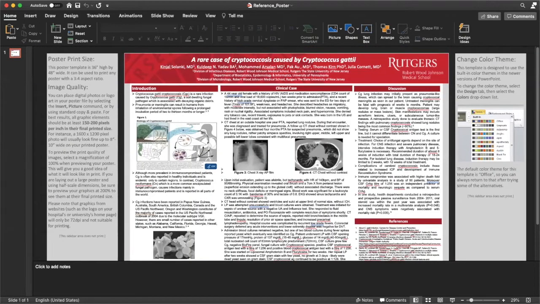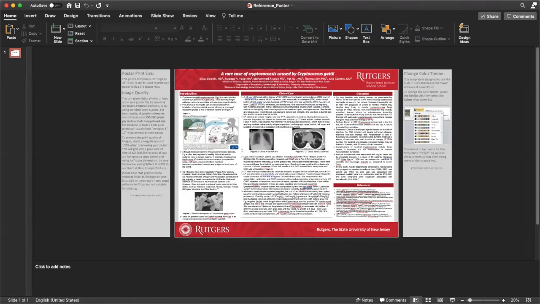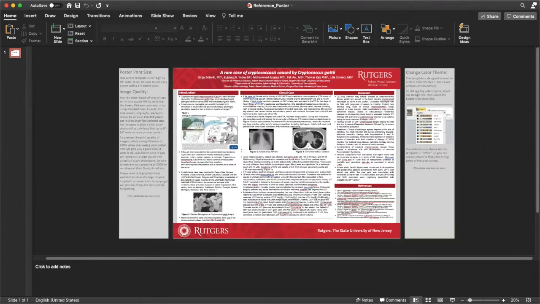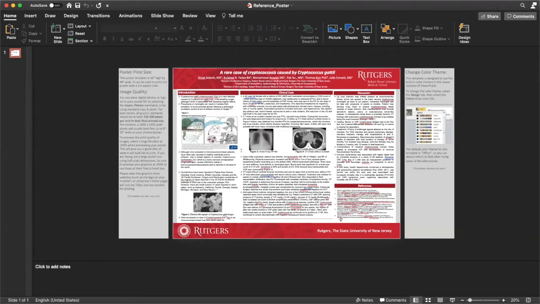Now, my concern is, if you are having this sample poster, that does not mean everyone will be using the same template and publishing their poster. Everyone must change the color, the logo, the information. You must not keep this Rutgers and these things.